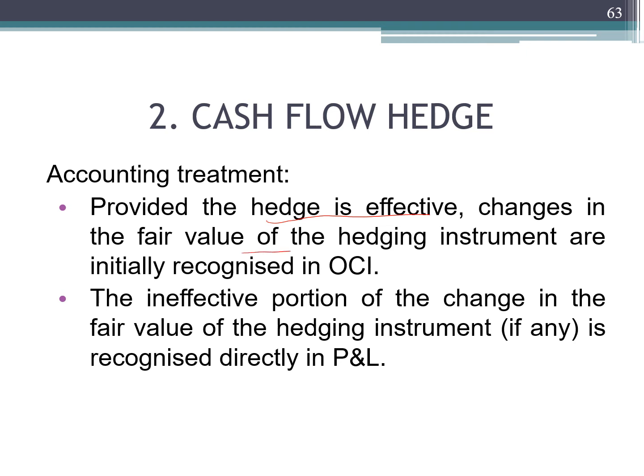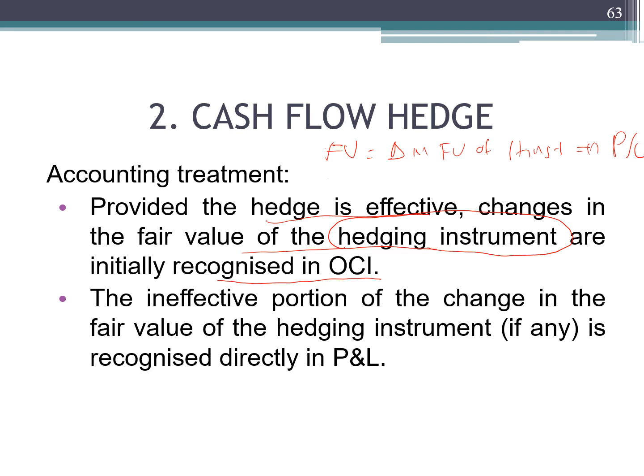Changes in the fair value of the hedge instrument are initially recognized in other comprehensive income. This is a difference between cash flow hedge and fair value hedge. For the fair value hedge, changes in the fair value of hedge instruments are transferred to P&L, profit or loss.